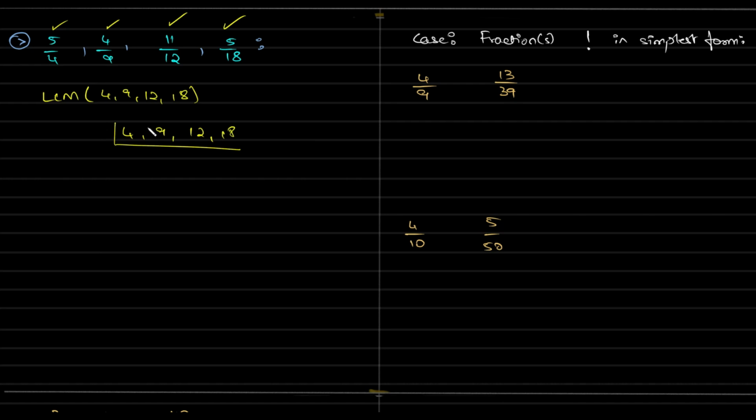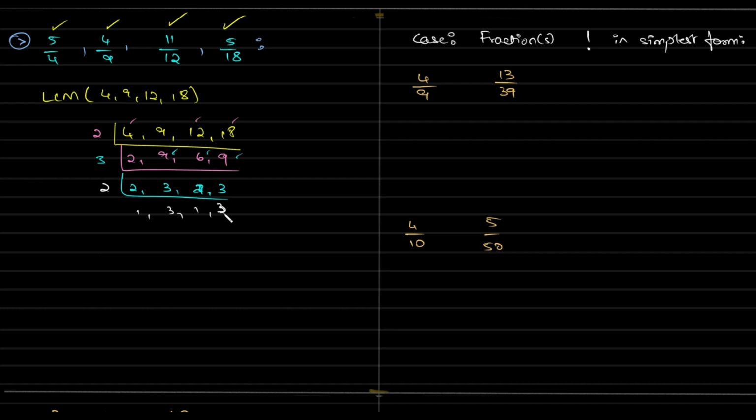So we have even number, even number, even number, and we have 2 to start off with. Multiple of 3, multiple of 3, multiple of 3. So you need to start off with 3.